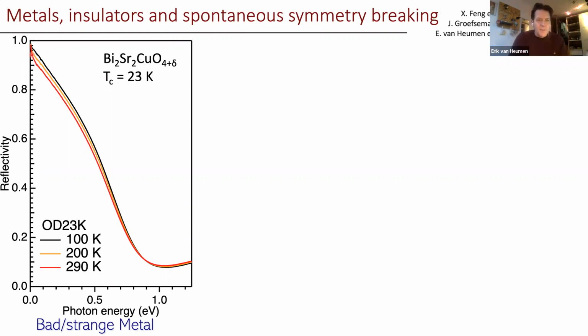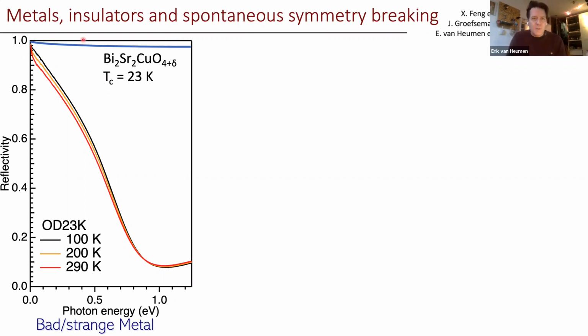Now I wrote here that this is a bad metal, and maybe you can't see it from this graph, but I can. So then the question is, what does a good metal look like? If you would plot the reflection of gold on the same scale, I've exaggerated a little bit here. It's almost exactly equal to 1. There's a very small deviation from 1, which I've actually enlarged a little bit.